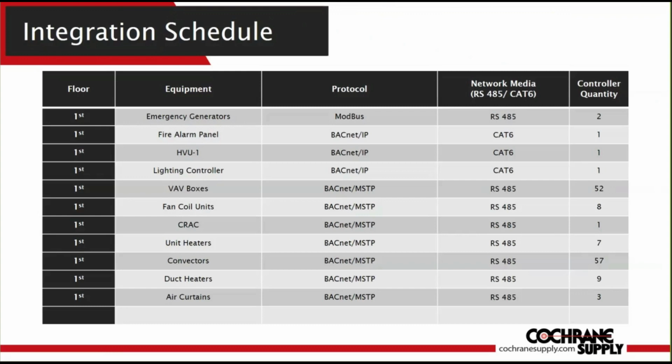So you usually want to take a minimum. So if it's 52 and there's a minimum of 30, then you say to yourself, okay, well, I'm going to need 2 connections, right? I'm going to need to allow 2 IP connections for 52 VAV boxes, right?